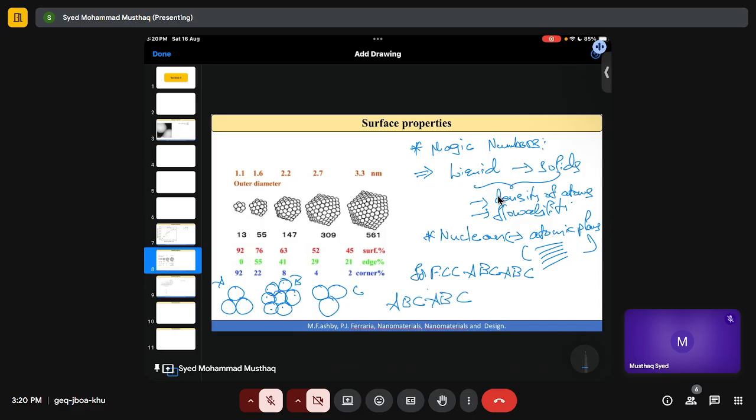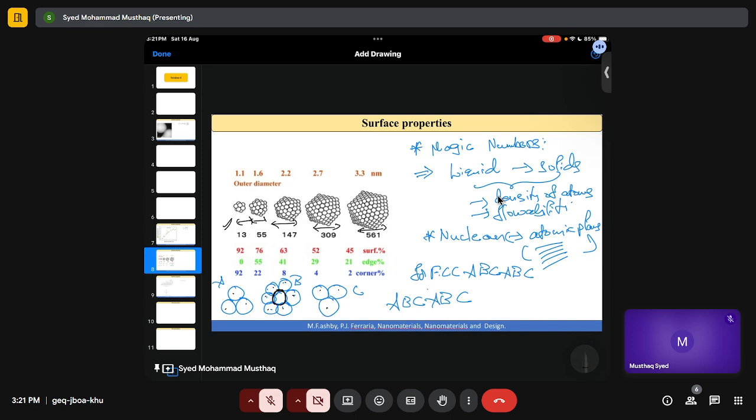Now when you see this one atom, first it is surrounded by 6 atoms, and then on top you will have 3 atoms, and below again 3 atoms. So these 13 atoms will first come together. Again, some more atoms will come close together, and you will get 55, and then again you will get 147. These numbers will not change for FCC.